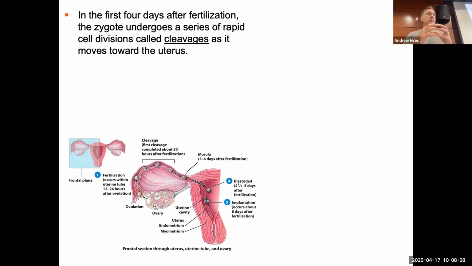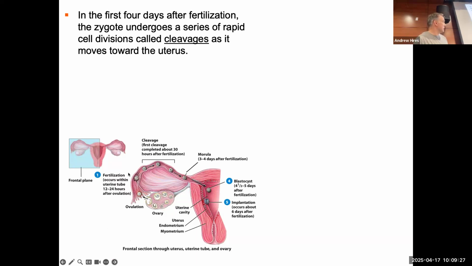So these initial events of development are all going to be called cleavages. The cell's just going to divide in half, and then those halves are going to divide in half again, and again, and again. So we're going to go from one egg, one cell, that's divided 4 times into 16 cells, but all within the same structure.